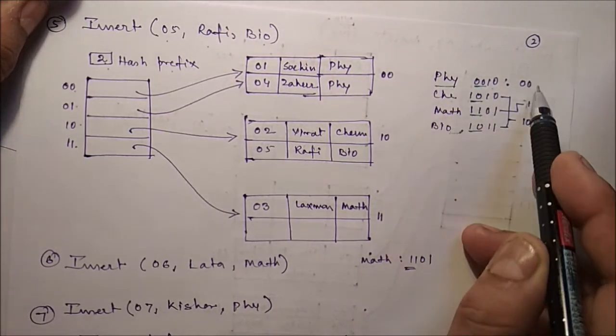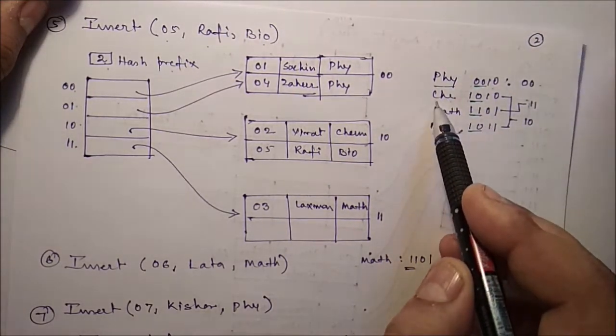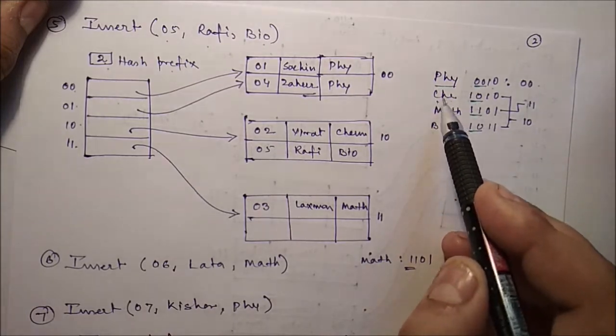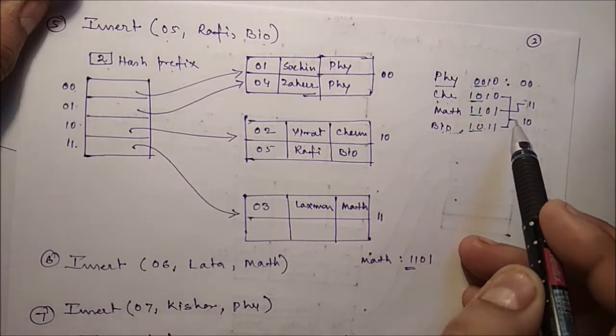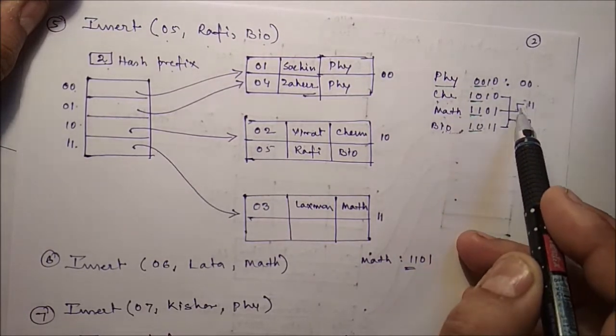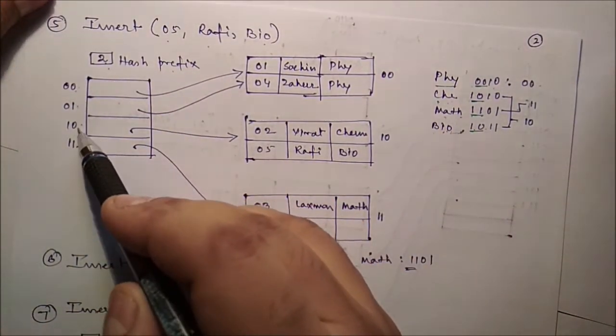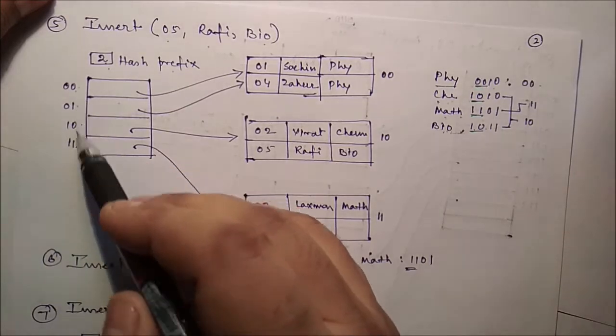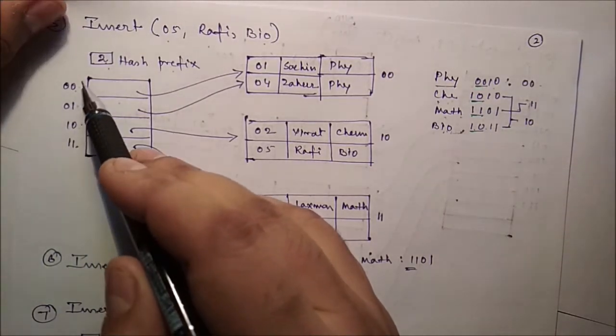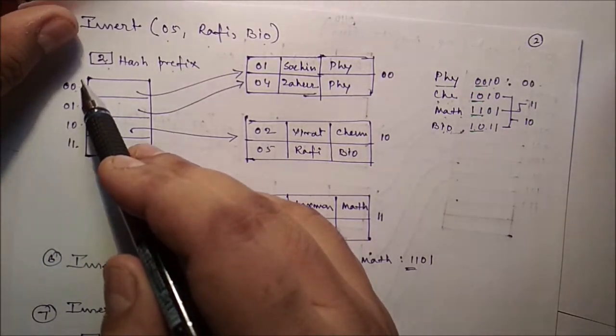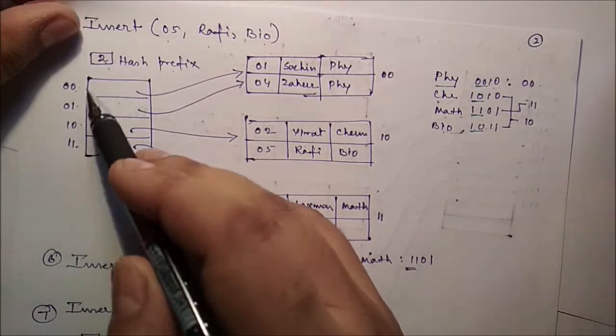For physics it is 00, for chemistry and biology it is 10, and for mathematics it is 11. So with these combinations we can accommodate a maximum of 4 blocks.